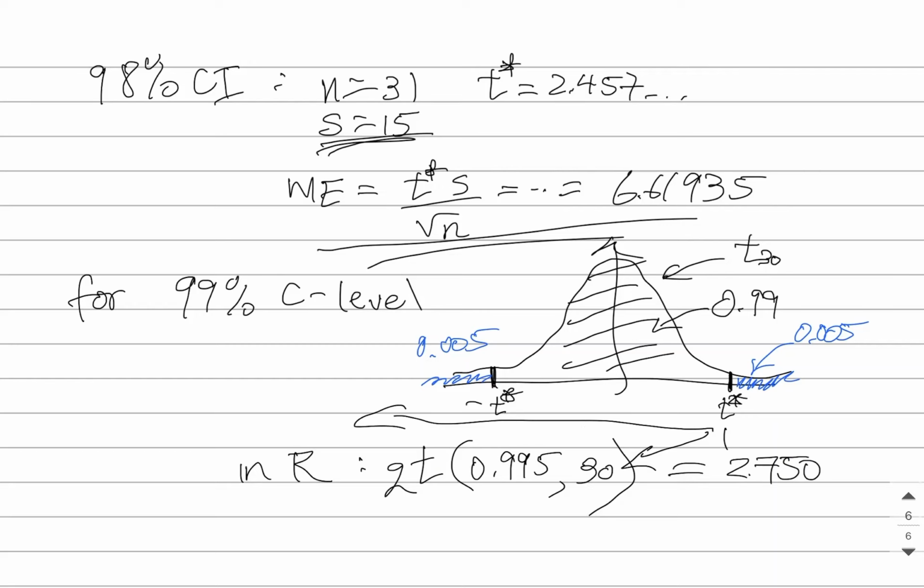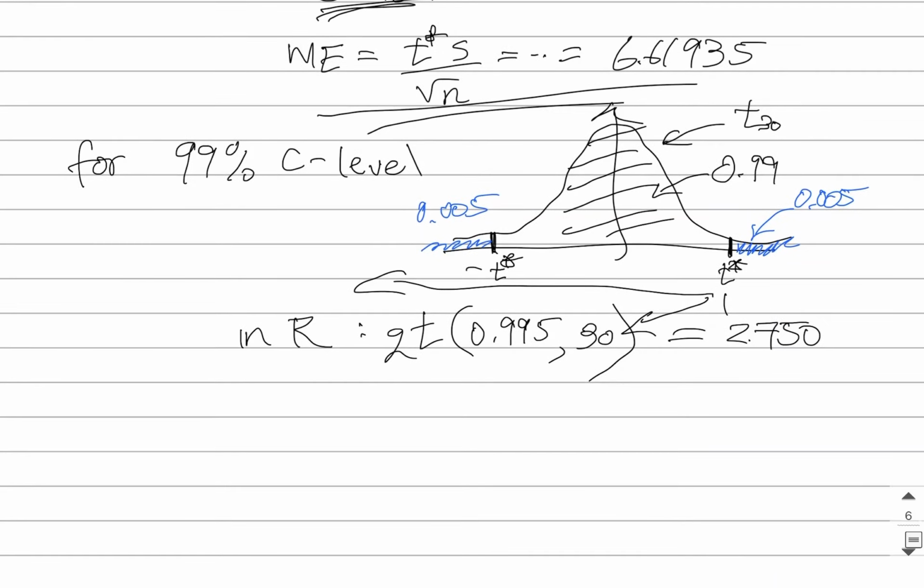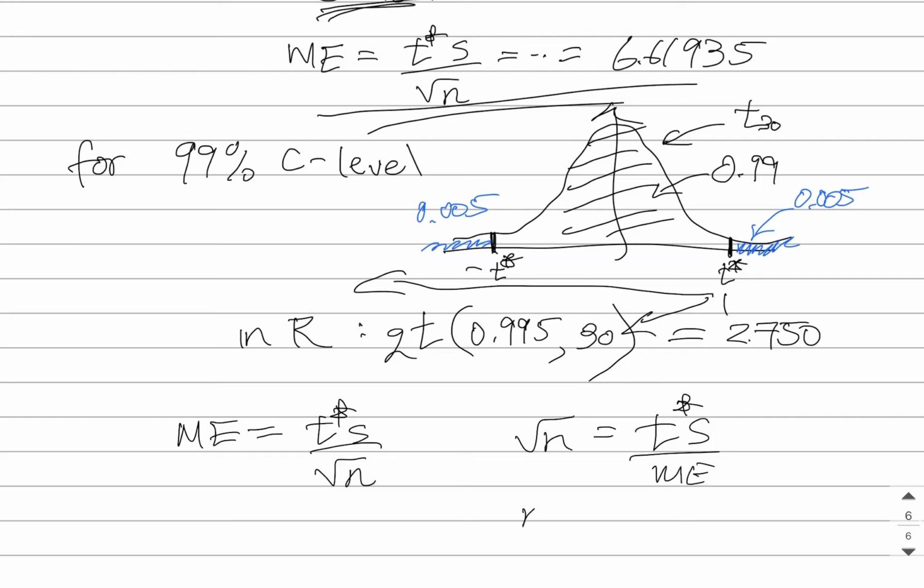So going through, we now have all the ingredients we need. It's a simple matter for you to reorganize this formula and find that n would have to be the square of this result.